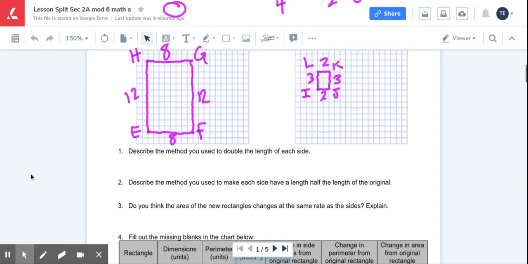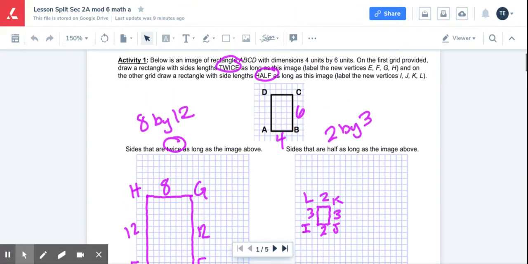So, on the first rectangle, we made the sides twice as big. Is that area twice as big? On the second one, we made the rectangle half as small. Is the area half the size of the rectangle above? So think about that one. Pause the video, answer your 3 questions, and then we'll talk about it when you come back.